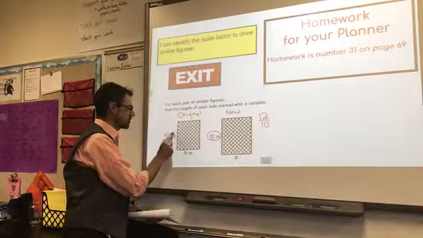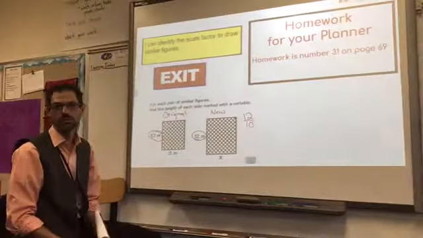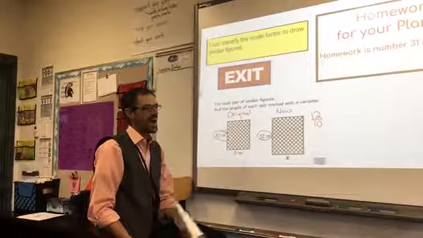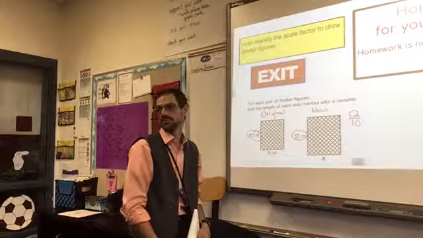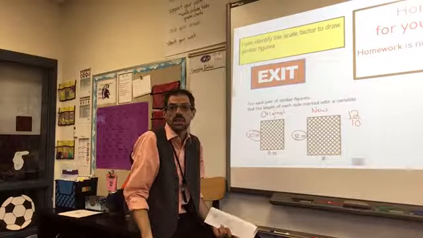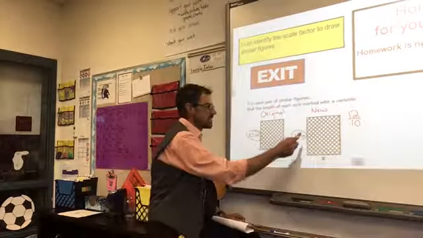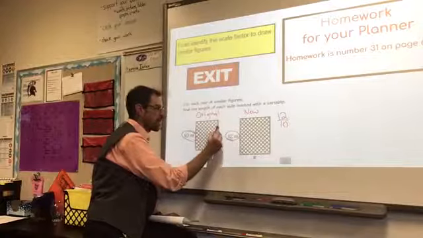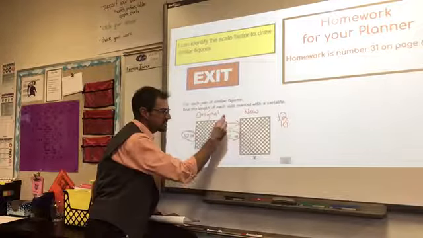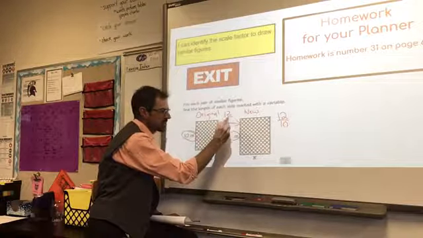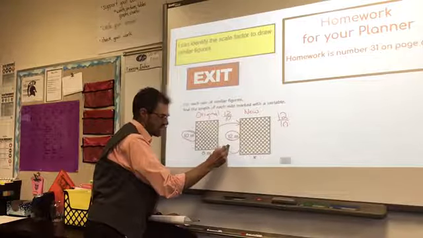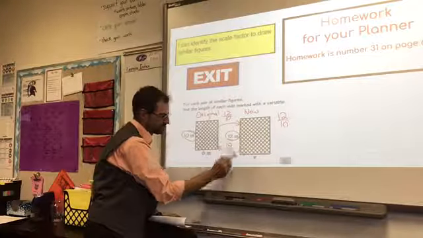There's my new value. There's my original value. That's my scale factor. I can literally leave it as 12 tenths. So if it's 12 tenths going this way, what's it going the other way? 10 over 12. Yep.